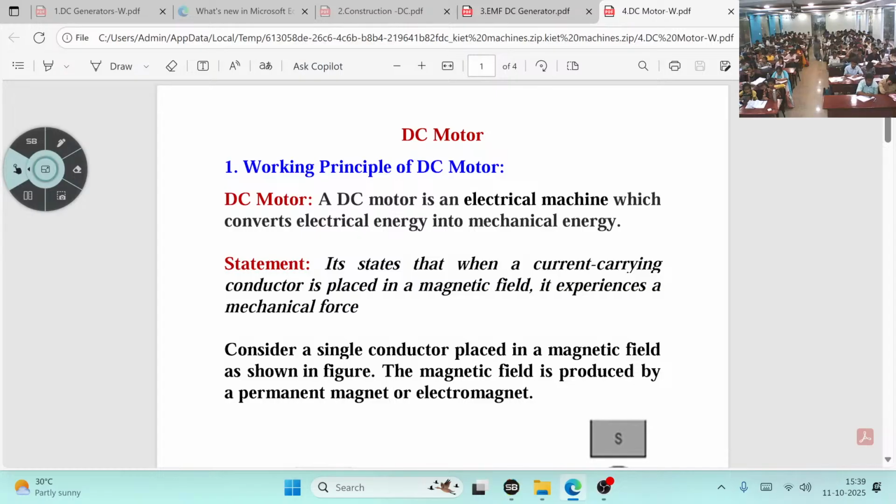It means it starts rotating. The conductor carries the current, it is placed in the magnetic field, and it starts rotating. So that is the statement of the DC motor.